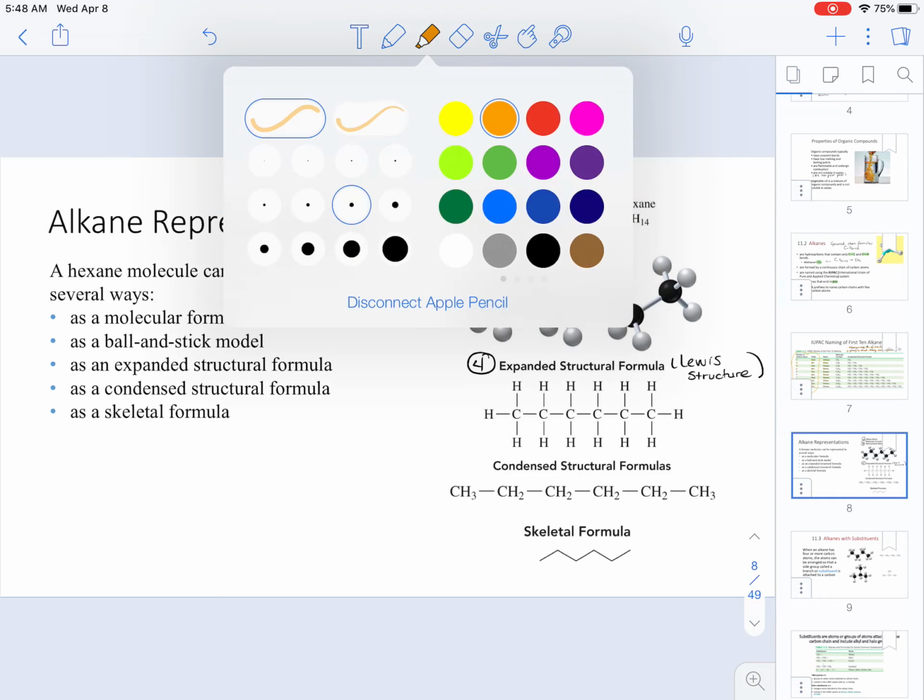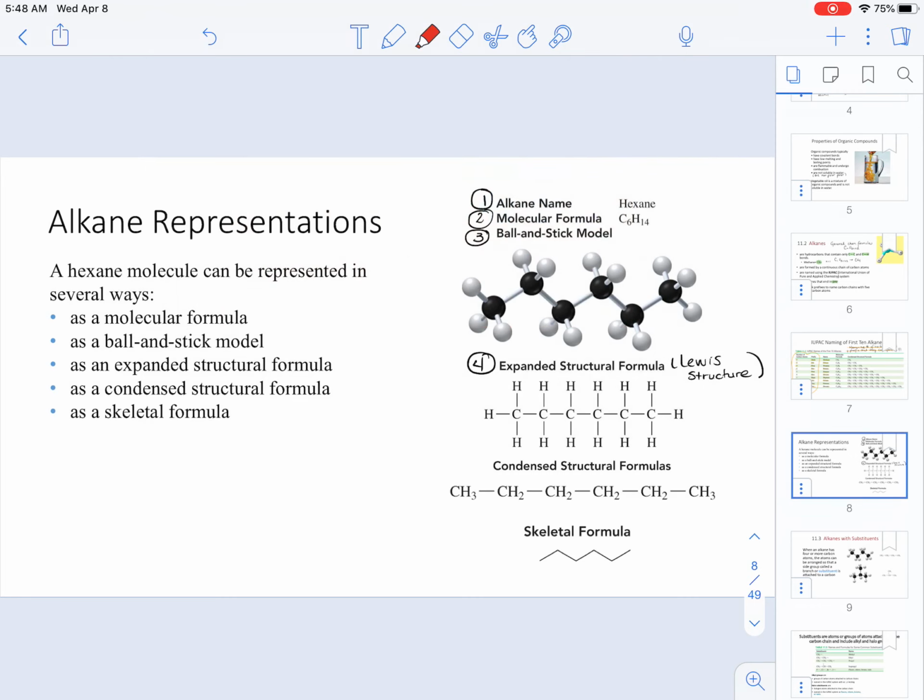I need to specify that carbon can only have 1, 2, 3, 4 bonds. Carbon does not have an expanded octet. So we always have 4 bonds to carbon.